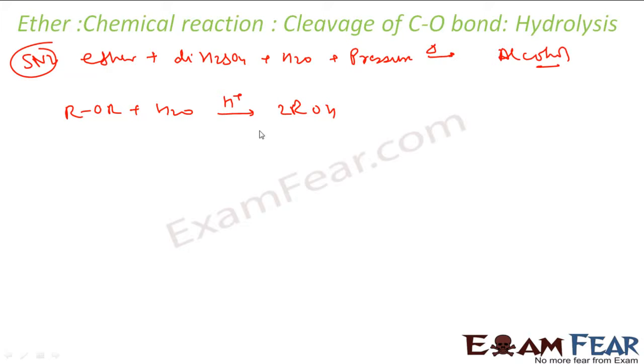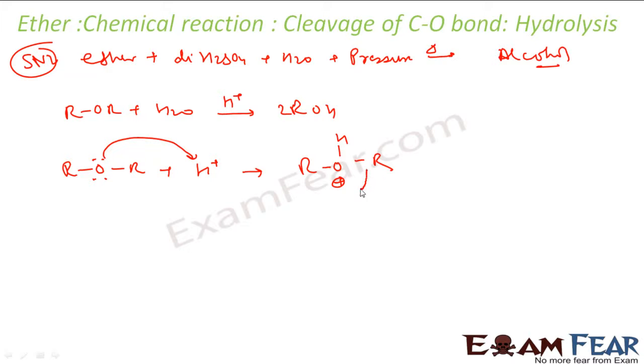2 ROH actually. Want to see the mechanism? So I have R, I have H plus here, and oxygen has electrons here, so let's write this H plus here. Since oxygen is giving electrons, oxygen will get a positive charge, right? And this will be H and this will be R. Now since oxygen has positive charge, one R has to leave, correct?